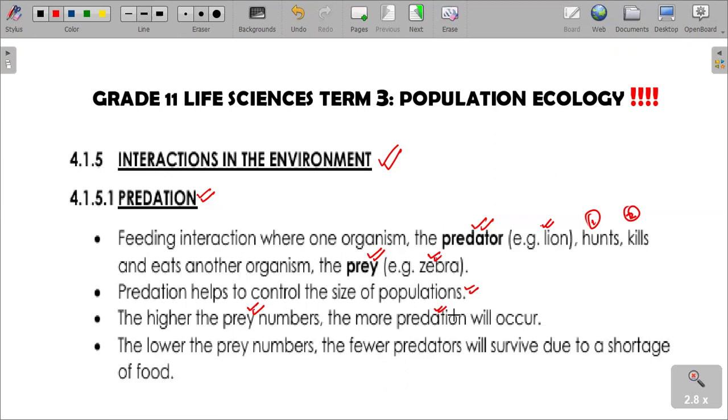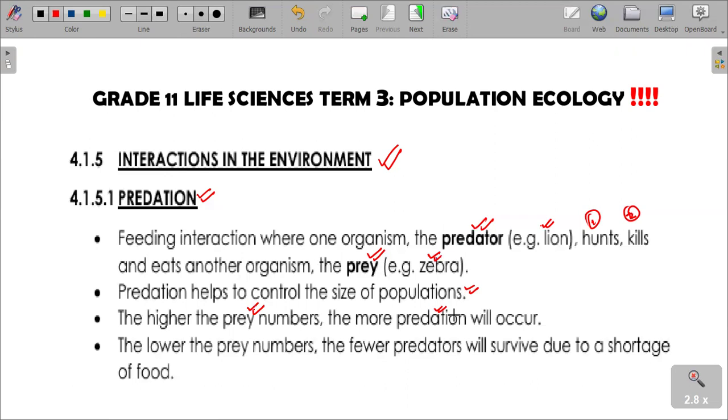That's the natural phenomenon. When food is plenty, whatever is feeding on that food multiplies very fast and increases in numbers. That is why the higher the prey numbers, the more the predation will occur.